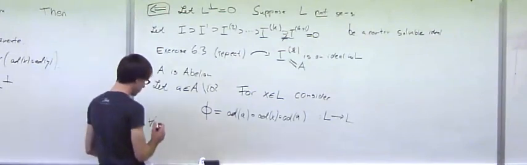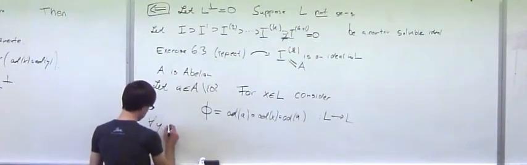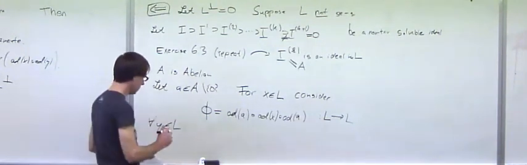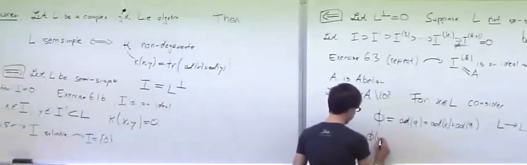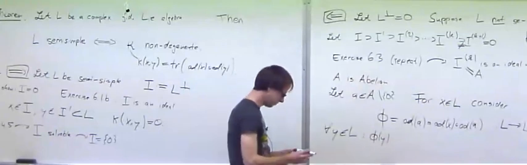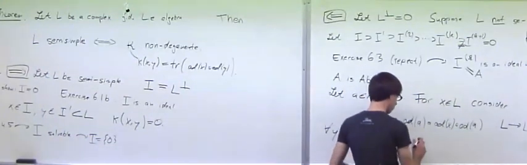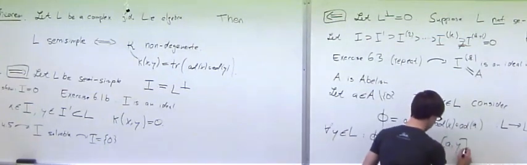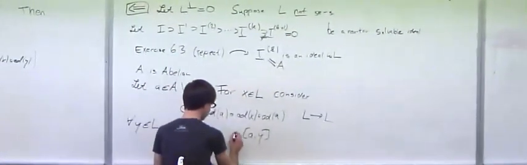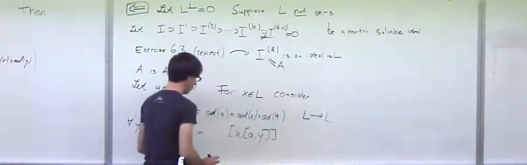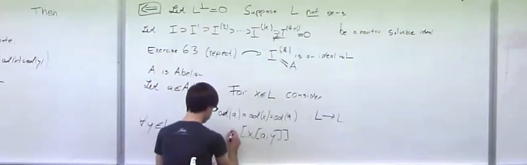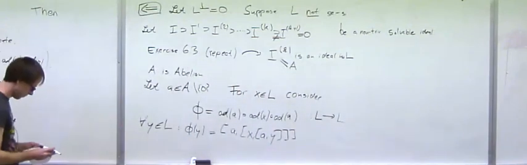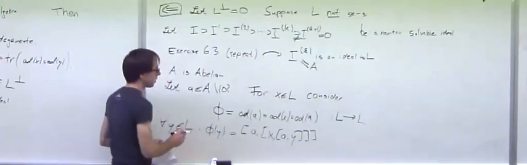Why? Well, as usual, I just take a test vector, Y in L, and compute phi of Y. And I have to show that this is 0. Well, I take Y. First I apply ad A. Then I apply ad X. Then I apply ad A again. So this is my result here. So recall A is an ideal.